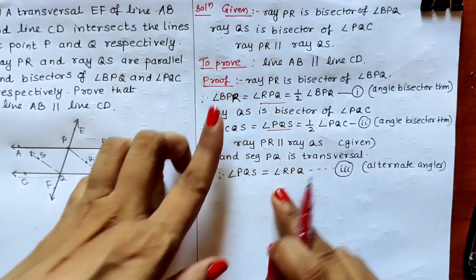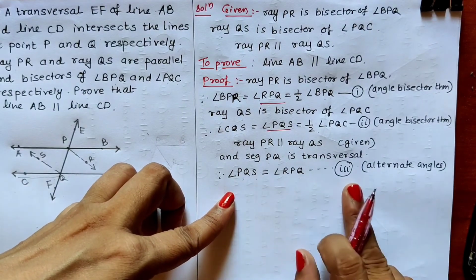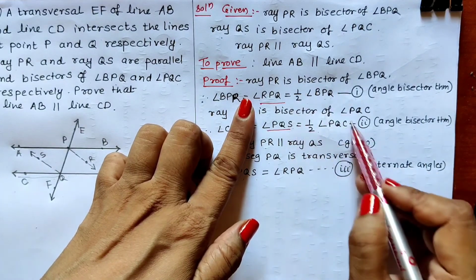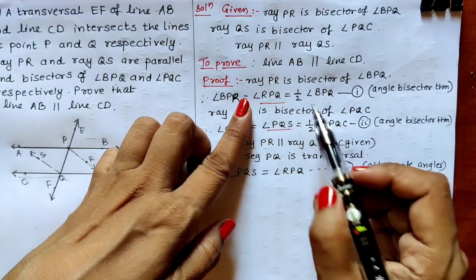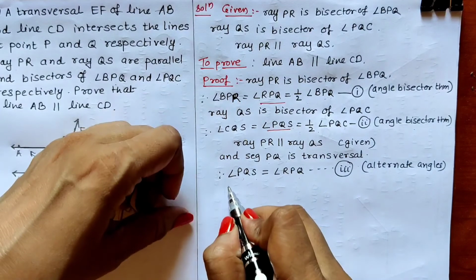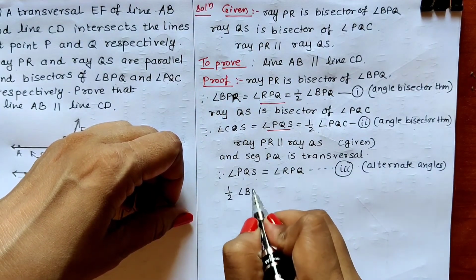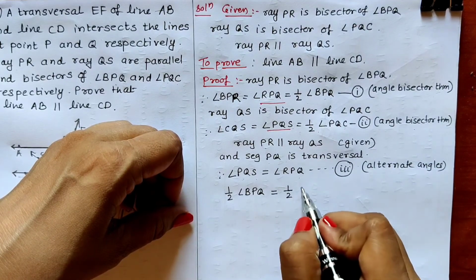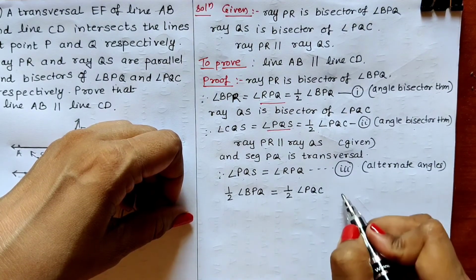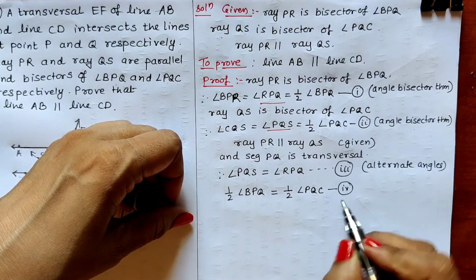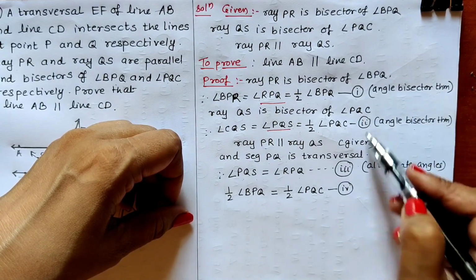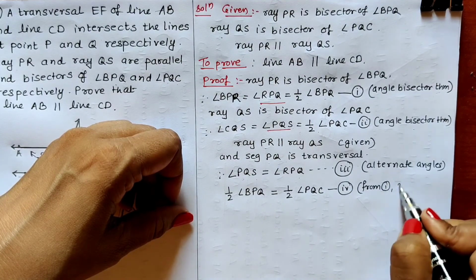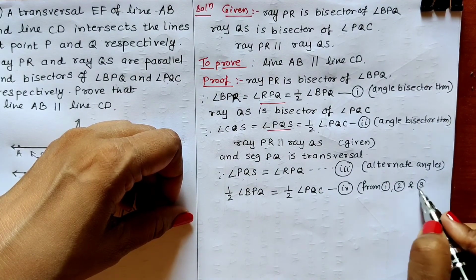Left hand sides of equations 1 and 2 are equal. We have proved in equation number 3. So as the left hand sides are equal, the right hand sides will also become equal. So what are the right hand sides? Half angle BPQ will be equal to half angle PQC. And this fourth statement we have got from 1, 2 and 3.